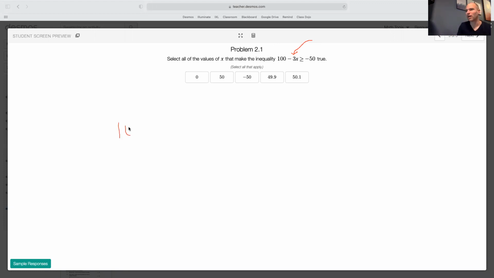So let's do it. 100 plus -3x, I'm just choosing to rewrite it this way because I like seeing it that way sometimes, is greater than or equal to -50. I'm going to subtract this 100 off of both sides to get that 100 taken care of.